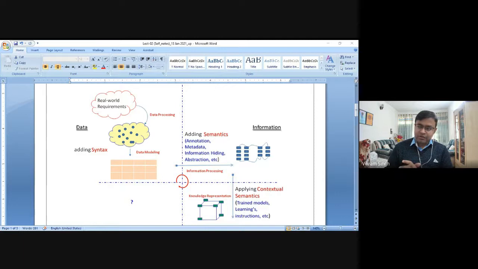We have designed advanced hardware, and the rate of advancement in hardware is in the range of exponential growth. On the hardware side it is exponential, but on the software side we have evolved software at a very linear rate. That's why we suddenly realized that we are getting this data at an exponential rate, but our software is not able to handle it. So the second dimension is called velocity.